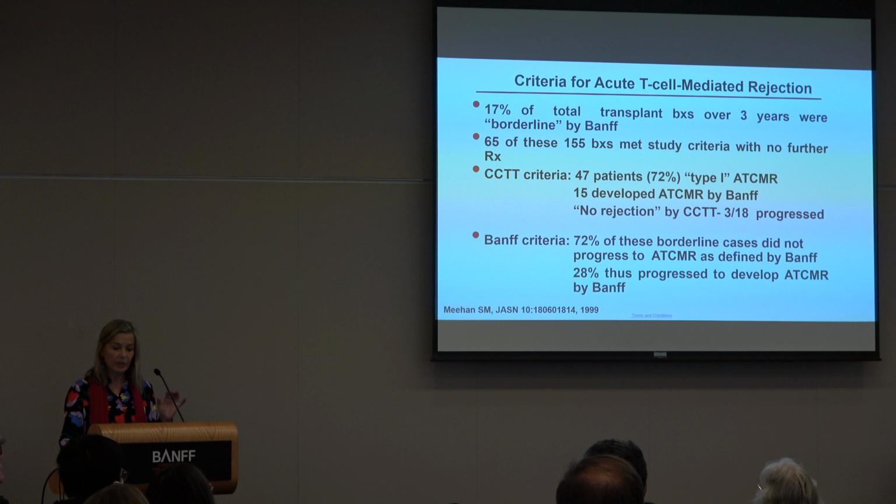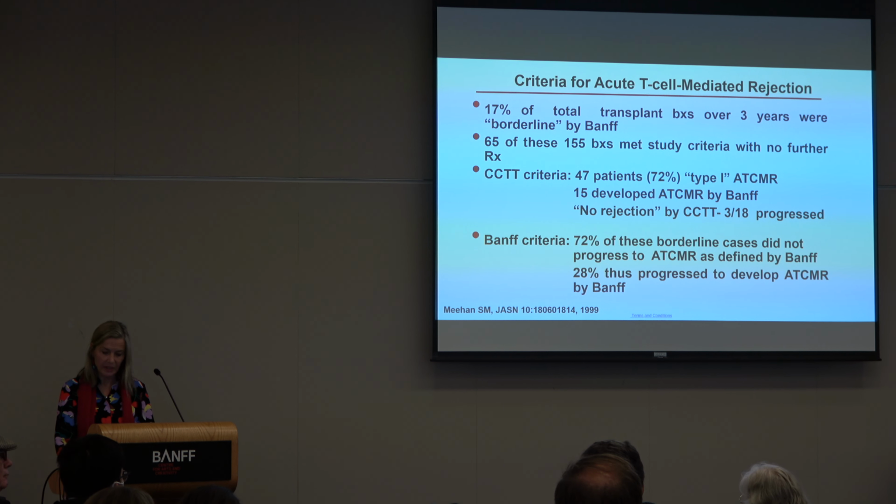And those that had no rejection by CCTT, in the follow-up only 3 out of 18 progressed. Those that were scored on the same biopsies by Banff criteria, these borderline cases, almost three-quarters of them did not progress to acute T-cell mediated rejection as defined by Banff. So that's pretty good, right? Three-quarters did not progress. But looking at it the other way, 28% did progress to develop acute T-cell mediated rejection by Banff.